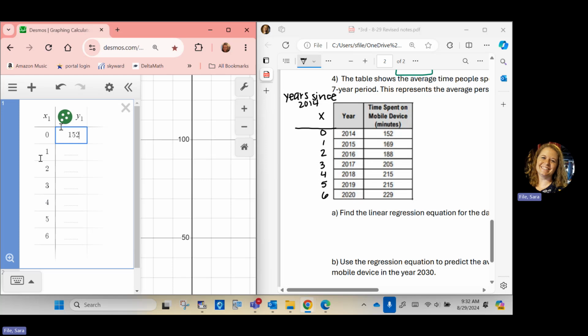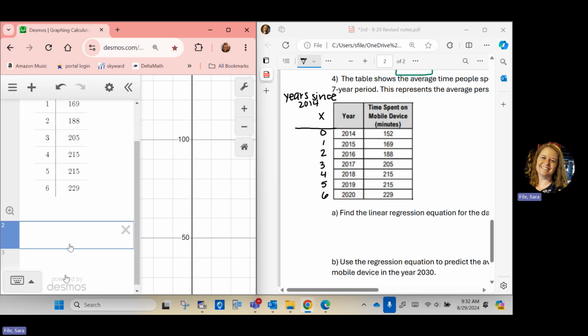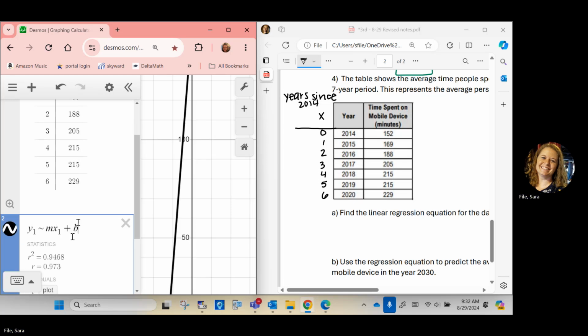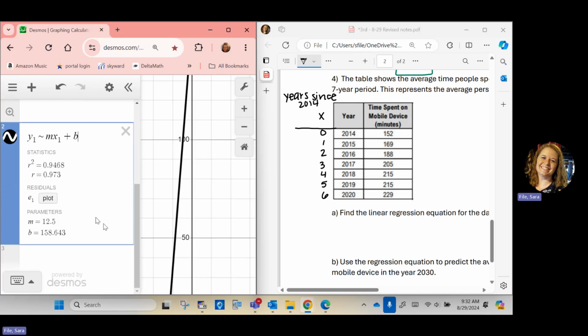All right, so 152, 169, 188, 205. Oh, it's going up every year. 215. Oh, we stayed the same that year, a little stagnant. And then 229. All right, so now I'm going to do y1 tilde mx1 plus b. Okay, take a look at that r squared.